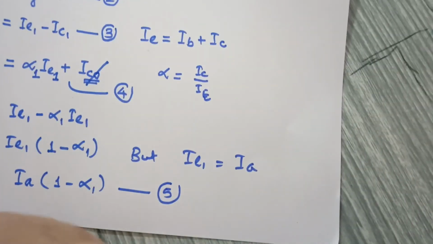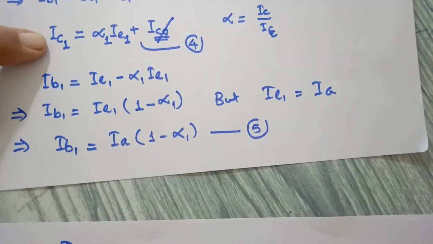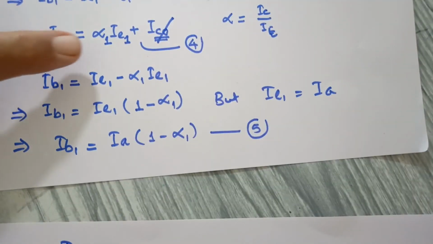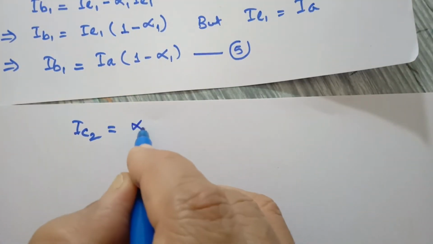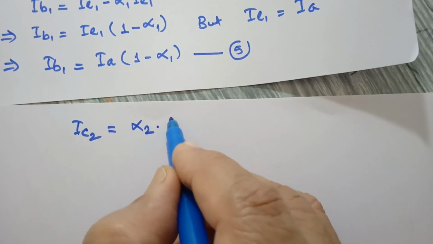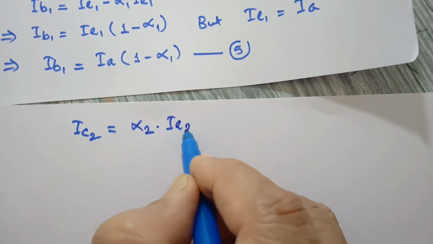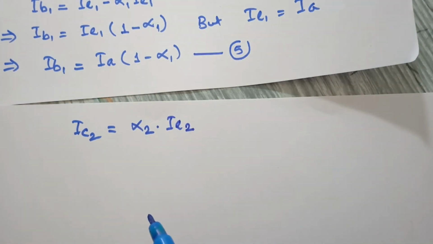So on the same basis, IC2 can be expressed along the same line. IC1 is expressed as alpha 1 into IE1, so IC2 can be expressed as alpha 2 into IE2, right?